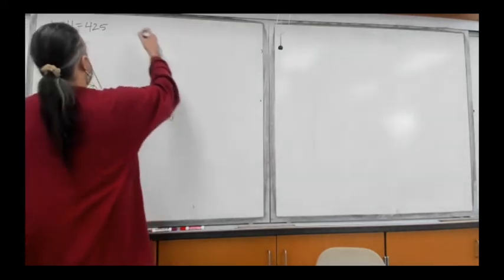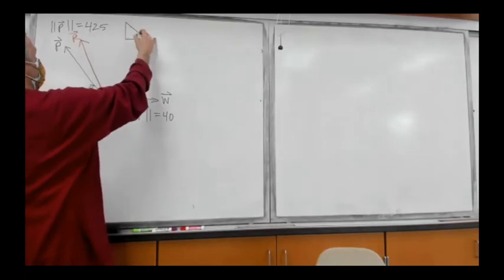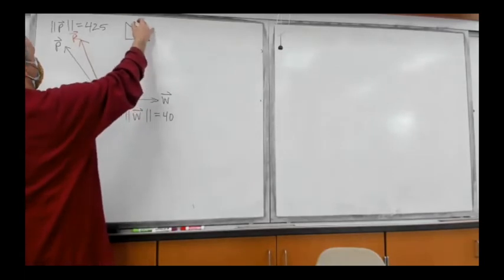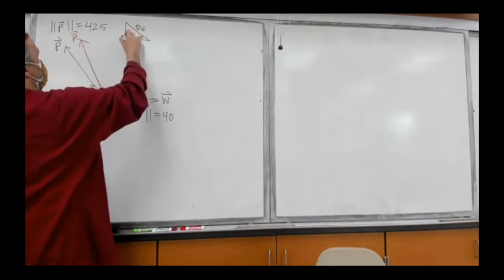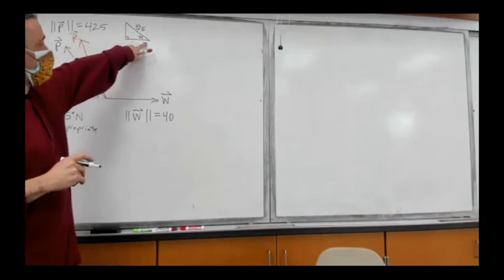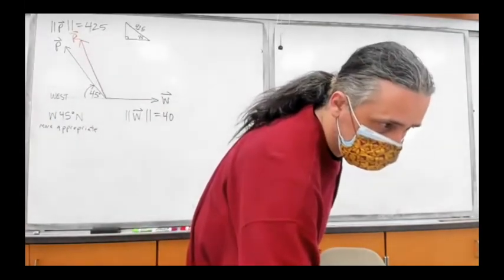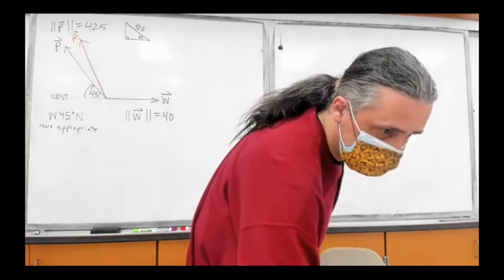Okay. So when we get the vector for P, it's kind of like a right triangle. This is a 45-degree angle, and the magnitude is like the hypotenuse. Notice the x component, the horizontal, is going to be based upon the cosine of the angle, the adjacent.